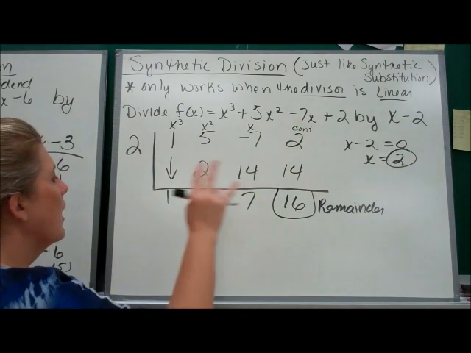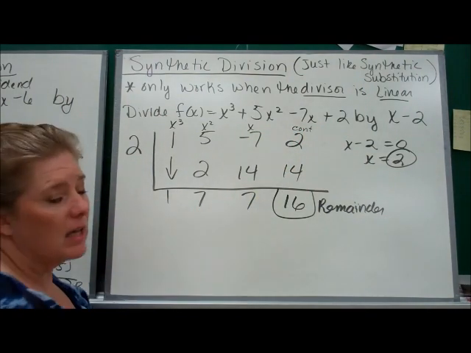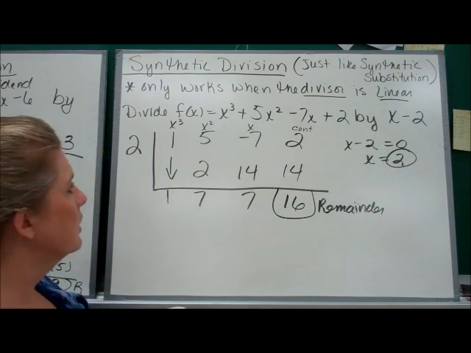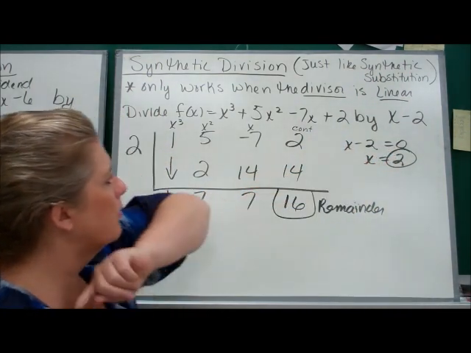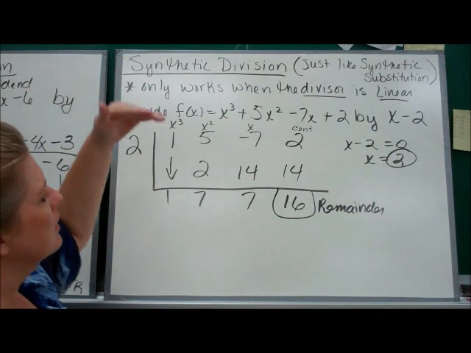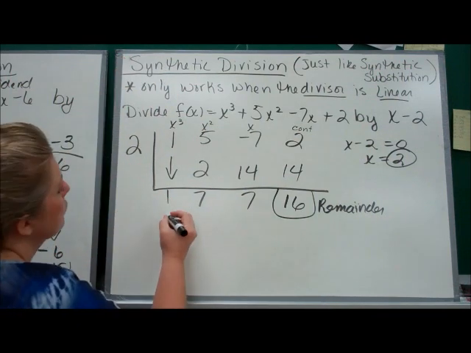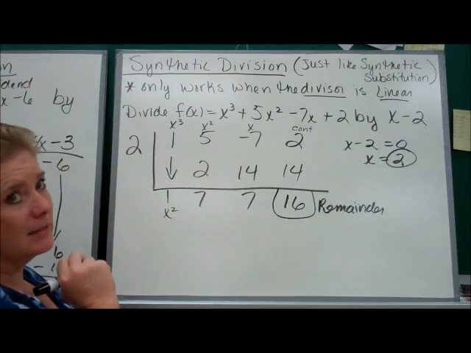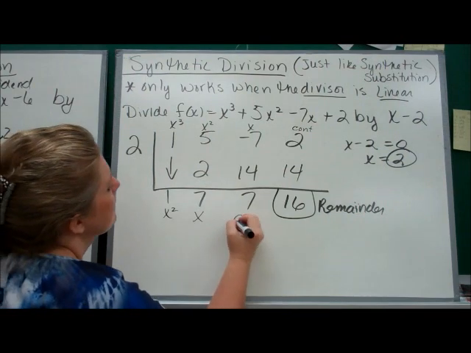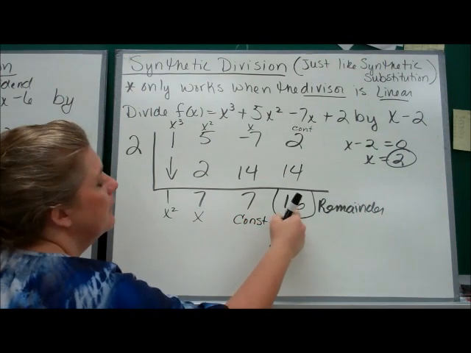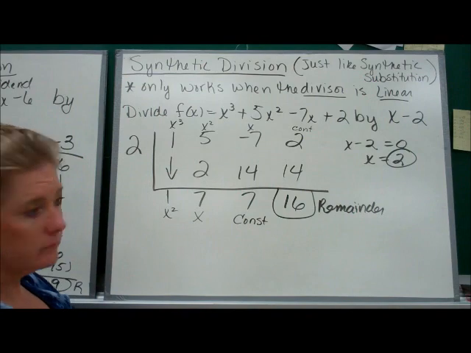Okay? Now, these are the coefficients on the quotient. We divided by a first degree polynomial, so we're going to reduce the degree by 1. So this is the coefficient on an x squared. This is the x, and this is the constant. And then this is your remainder.